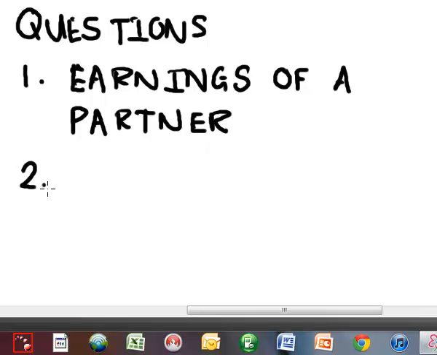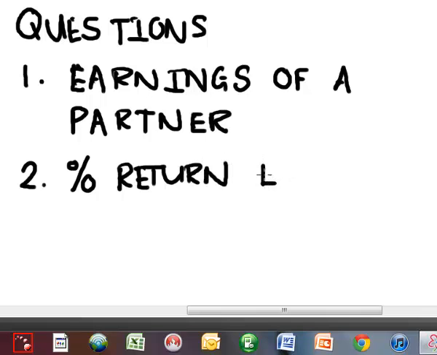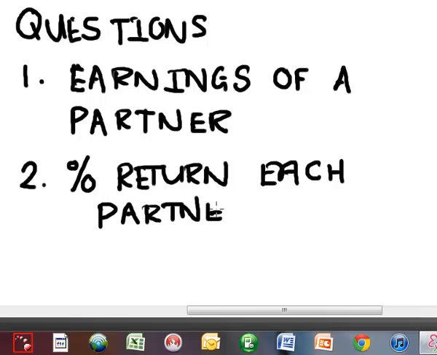Number two, when we are talking about the average return for each partner, what components do you need to bring in to be able to calculate this particular indicator, namely the percentage return earned by each partner?